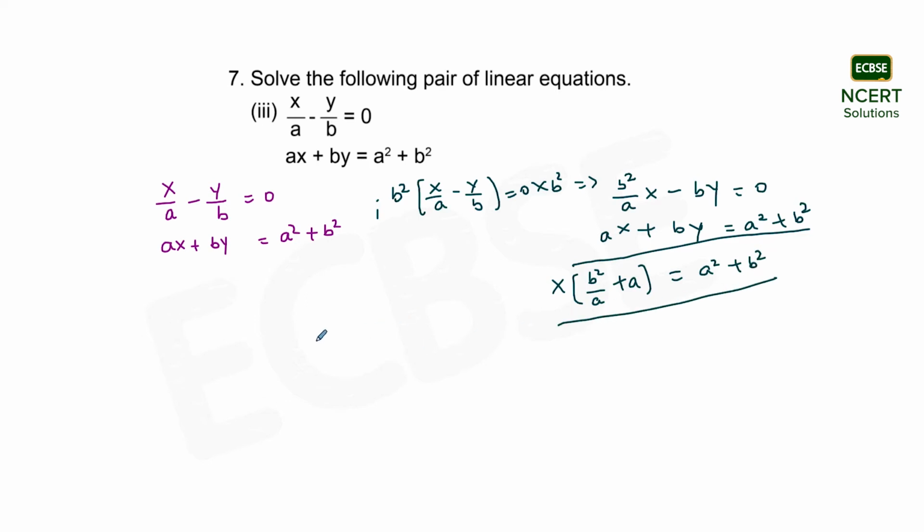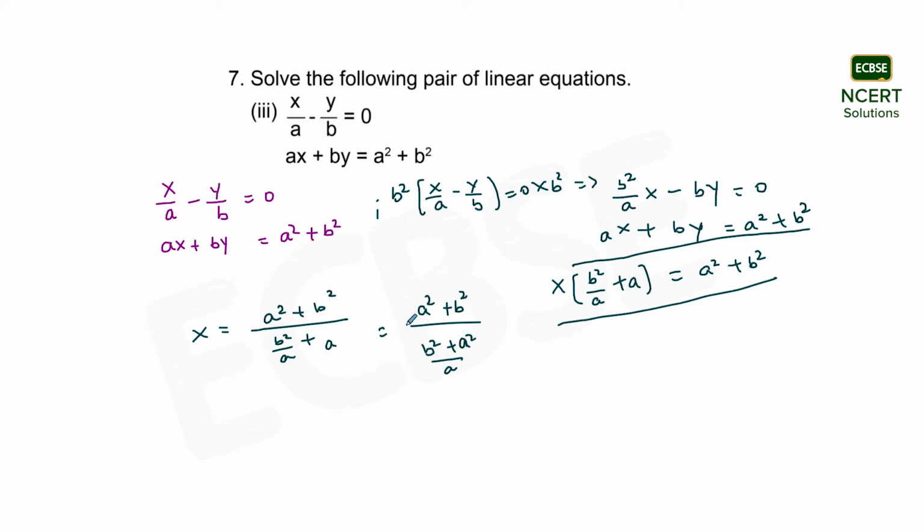So from here, x is equal to a square plus b square divided by b square over a plus a square, right, as I have taken this term from left hand side to the right hand side, so it will be in the denominator. Solving the denominator, that is simplifying it, it will be a square plus b square. Taking the LCM in the denominator, it will be a and a square plus b square, right?